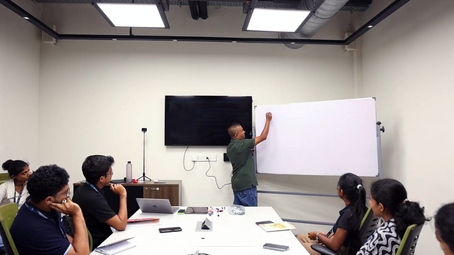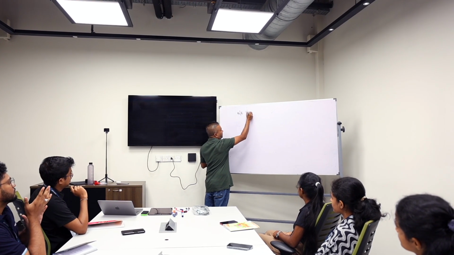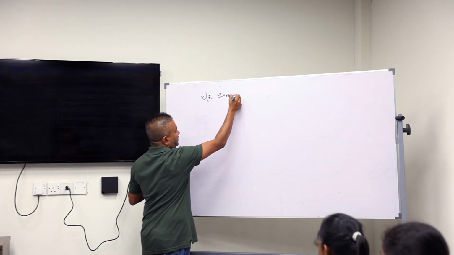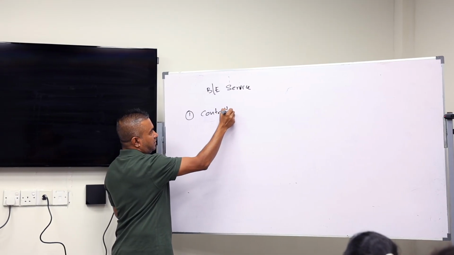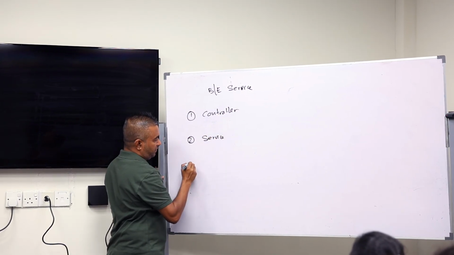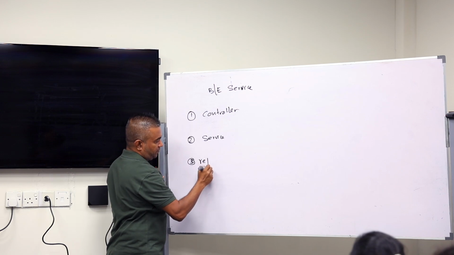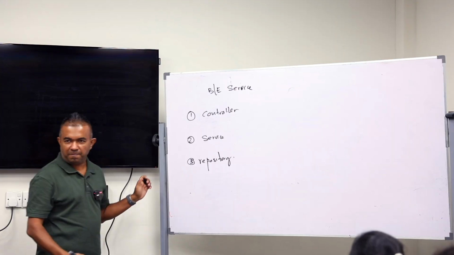If you take any backend service, there are 3 layers: controller, service, and repository.